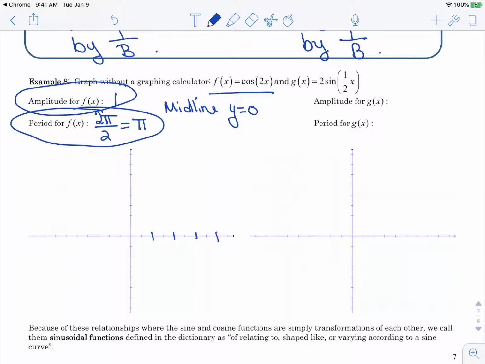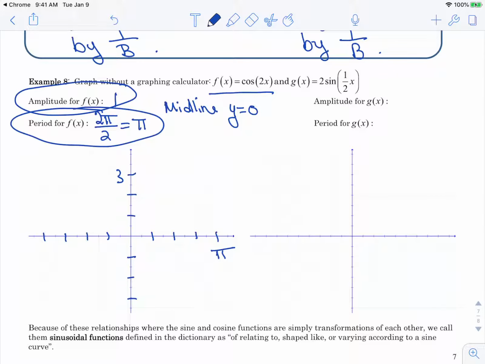Makes life real easy. But instead of me listing that as 2 pi, I'm going to list it as the end of my period, which is pi. It makes graphing so much easier. Then, because my amplitude is just 1, I'm going to go ahead and do every other tick mark.